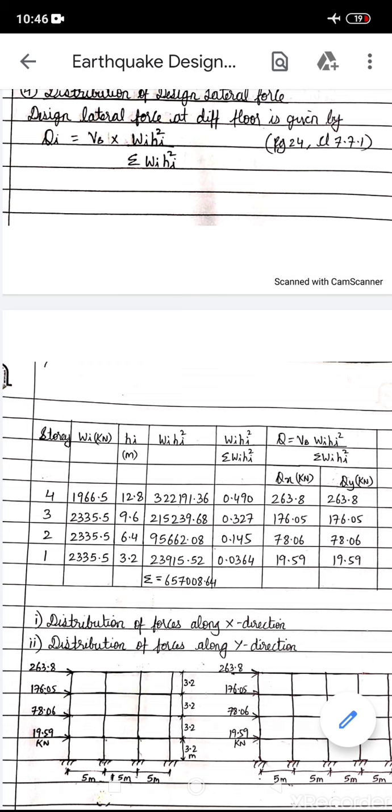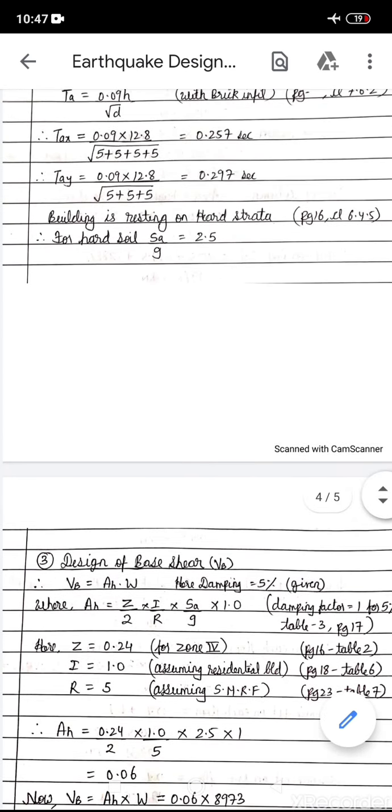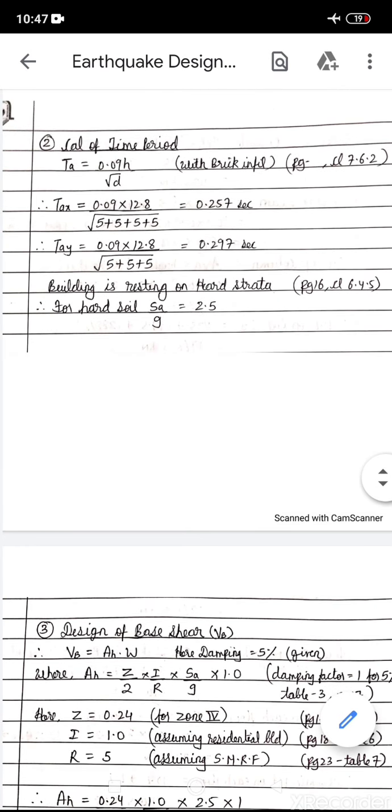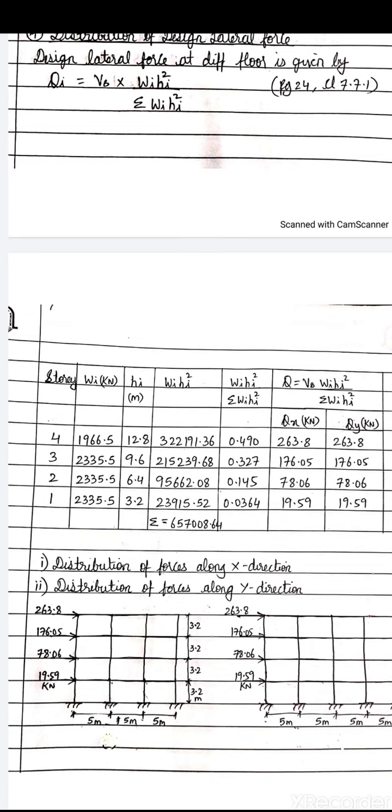Finally we will get the value of Q. Here in this case we have two time periods, that is Qx and Qy. Since this plan is unsymmetrical, we will get the value of Q in both directions. Since we have got the same Sa by g ratio in x and y, we will get the same value for x and y.